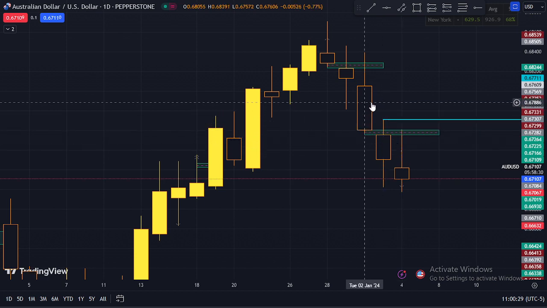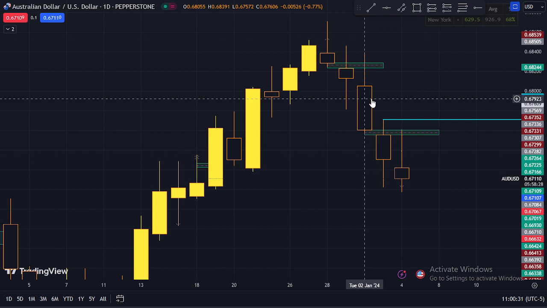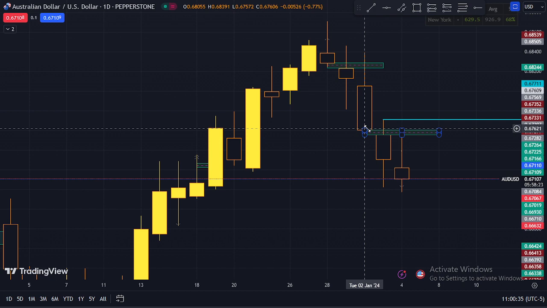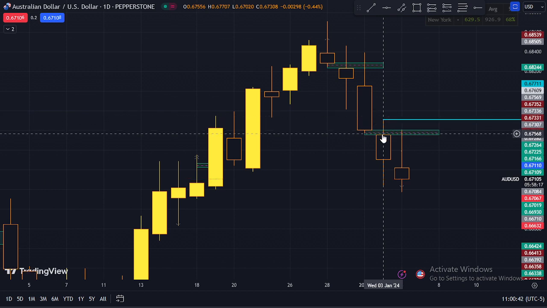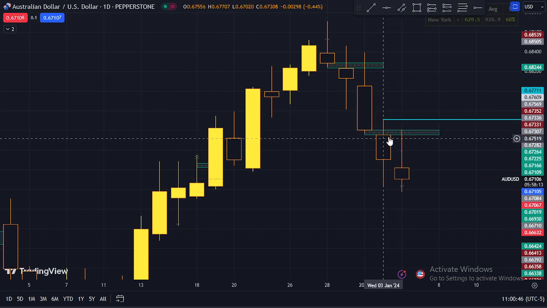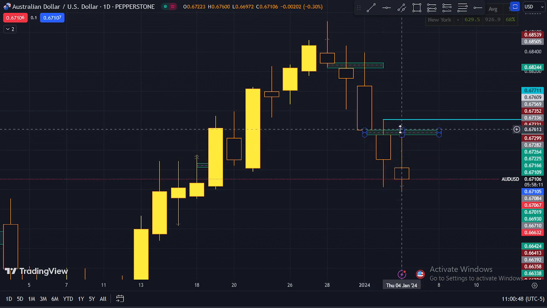This was Tuesday's candle. On Wednesday it gapped down, so it left us this gap. Yes, we traded above it on Wednesday, but price will reprice to that.